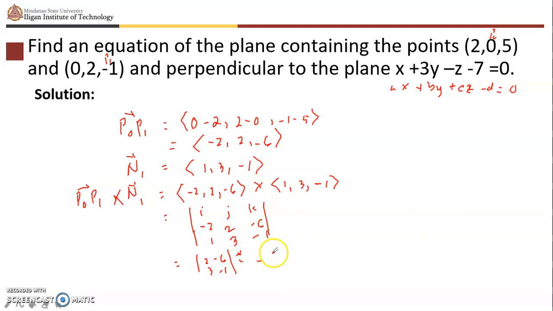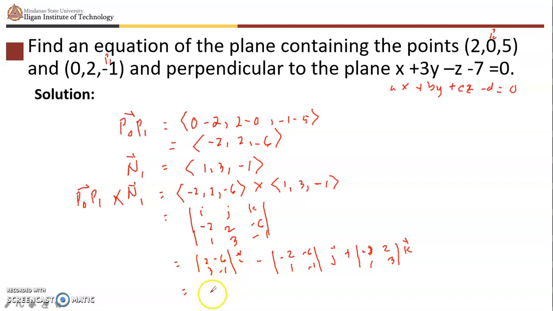It's the determinant of negative 2, negative 6, we have 1, negative 1, j, plus we have negative 2, 2, 1, 3, and then the vector k. So that should give us 3 minus 1.